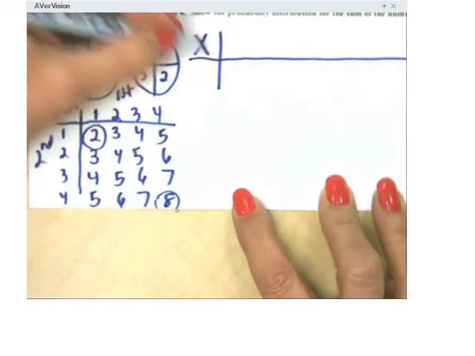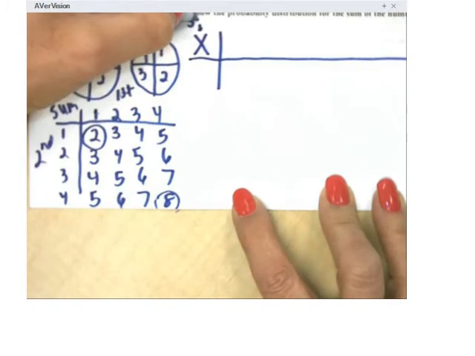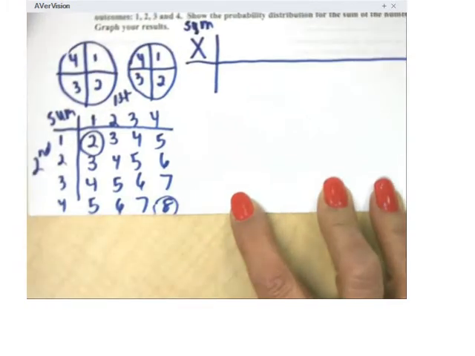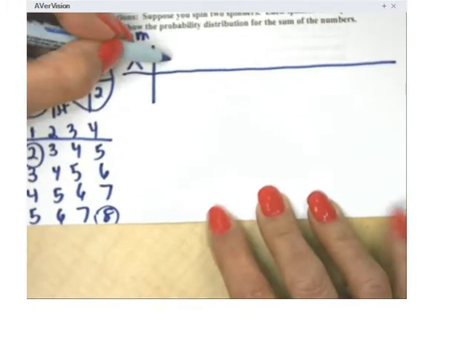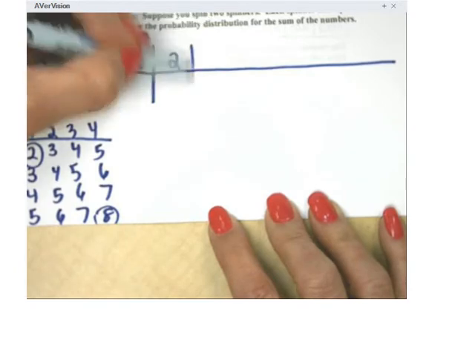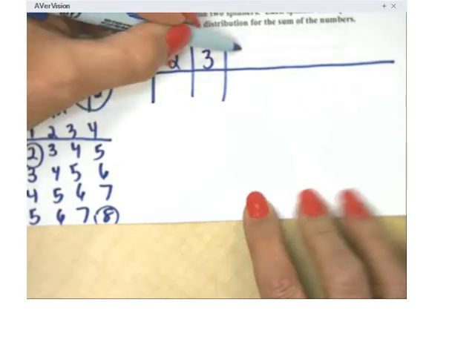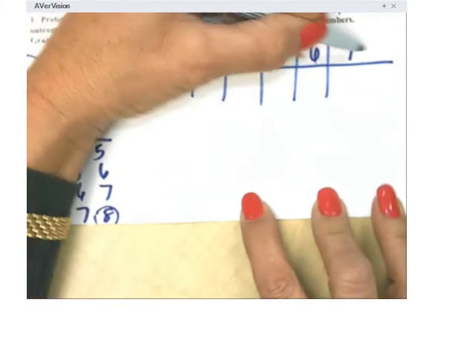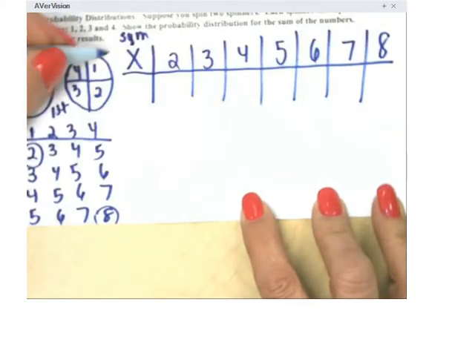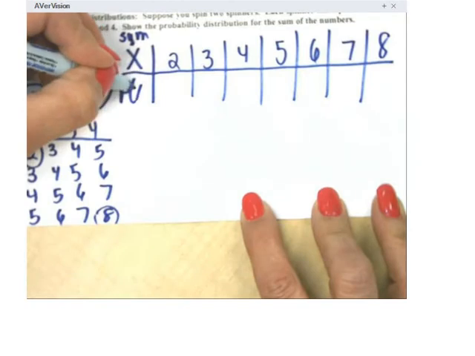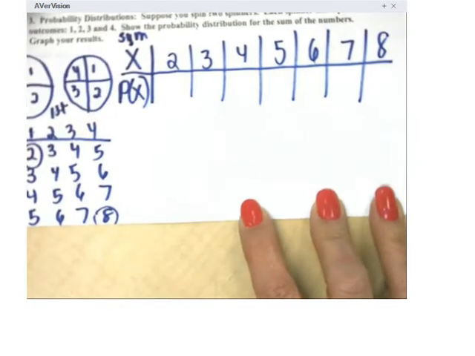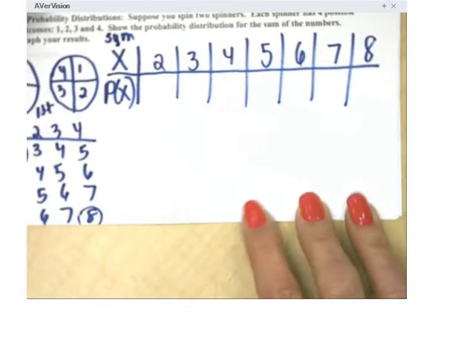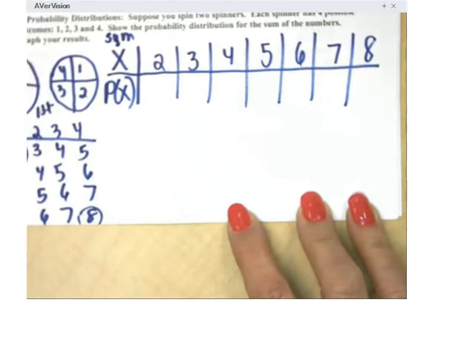And I'm going to let X stand for the sum of the numbers. I know the smallest sum I can have is 2. I can have a sum of 3, 4, 5, 6, 7. The highest one is 8. And for the probability, I don't want the frequency this time, I want the actual probability, and I will list it as a fraction. The probability is 1 out of 16.